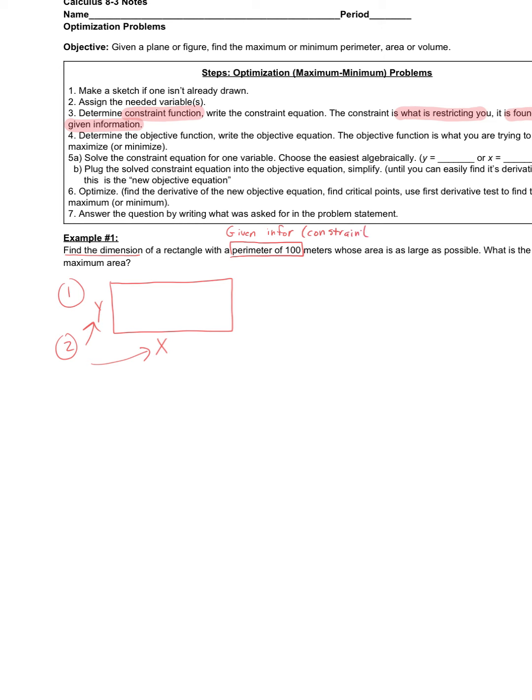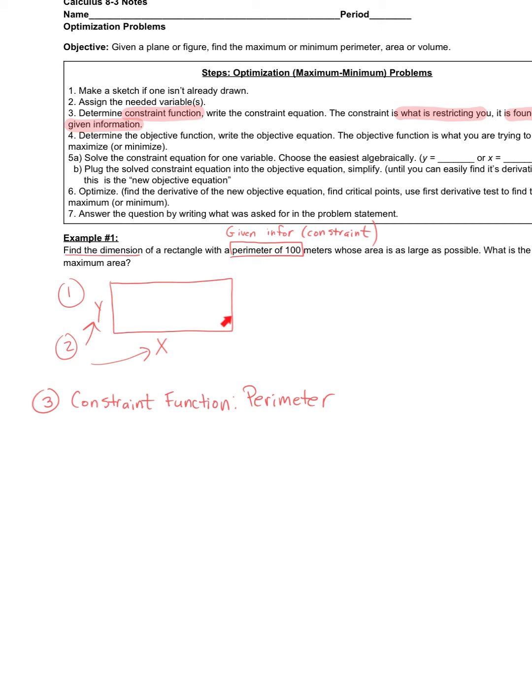All right, so that's kind of our third step. We're going to write a constraint equation. Our constraint function, and I'm going to have you write this out when we get to the test. Our constraint function is perimeter. All right. And the equation for the perimeter of a rectangle is you add up the sides.